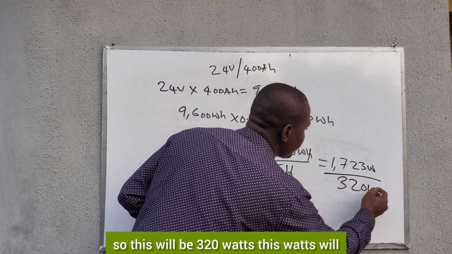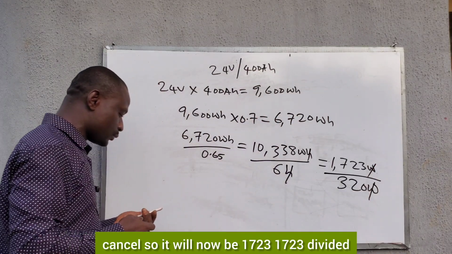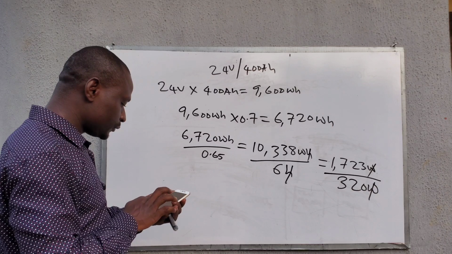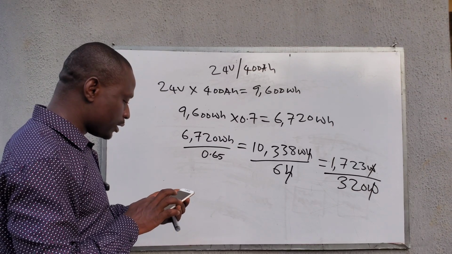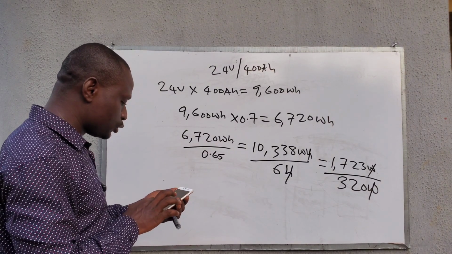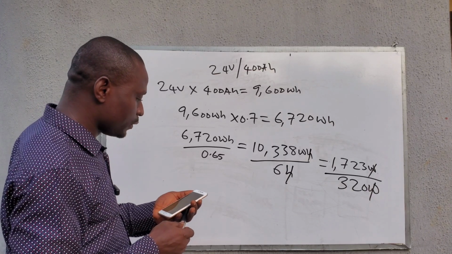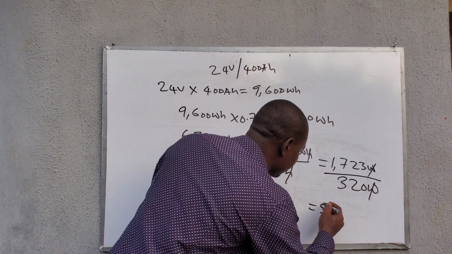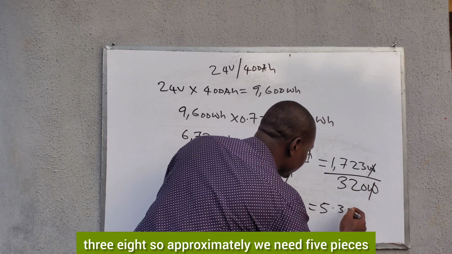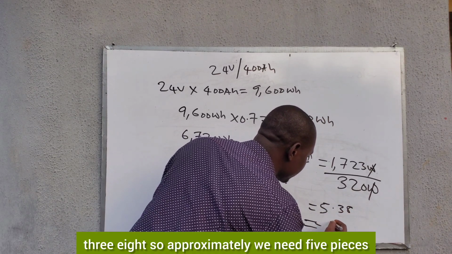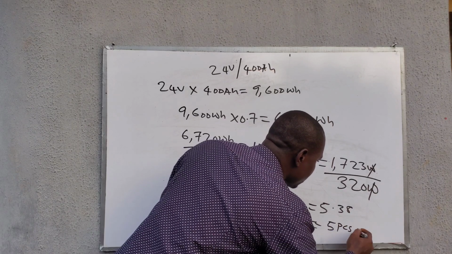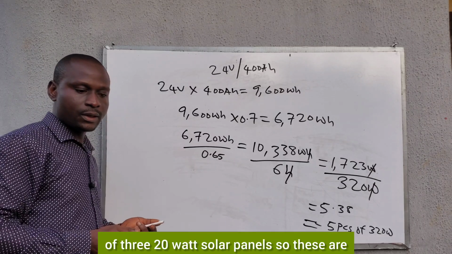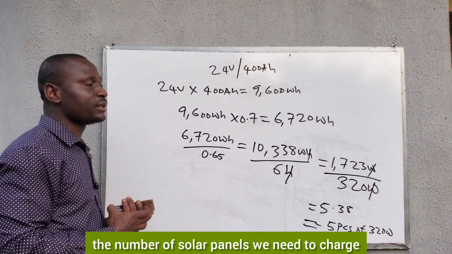The watts will cancel, so it will be 1,723 divided by 320, which gives us 5.38. So approximately we need 5 pieces of 320 watt solar panels.